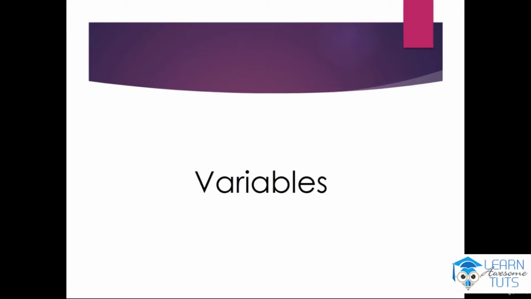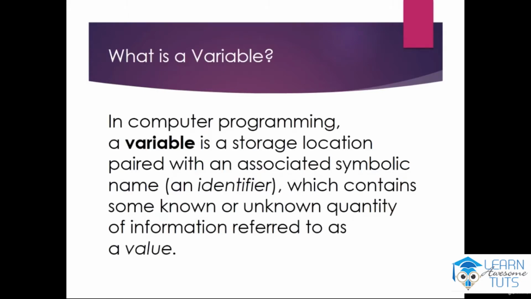After seeing sequence, which is actually the most foundational concept in programming, we are going to see the most foundational data type in programming, that are variables. So what is a variable?